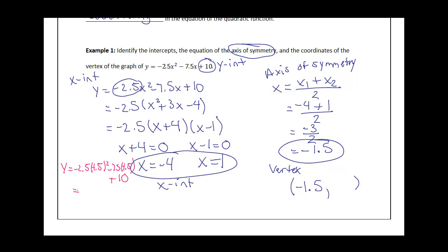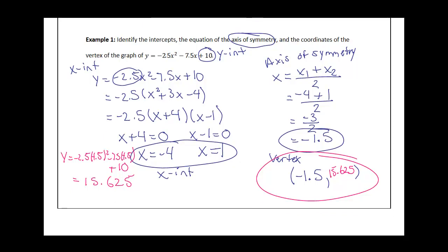If you take your calculator and work that all out, you're going to get a value of 15.625 as your answer. Hence, we can fill in our y value for our vertex as 15.625. And there we go. We now have our vertex as well and all the properties that we were looking for using an equation in general form. Awesome, let's do another one.